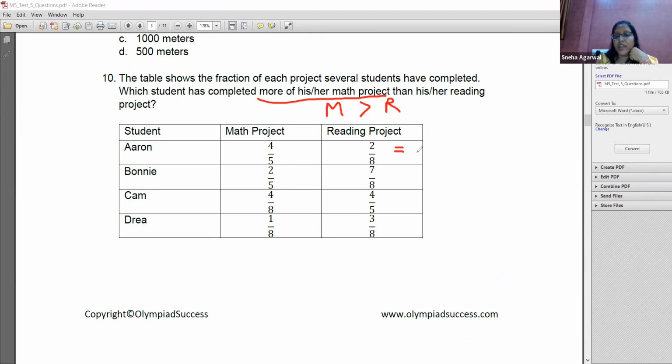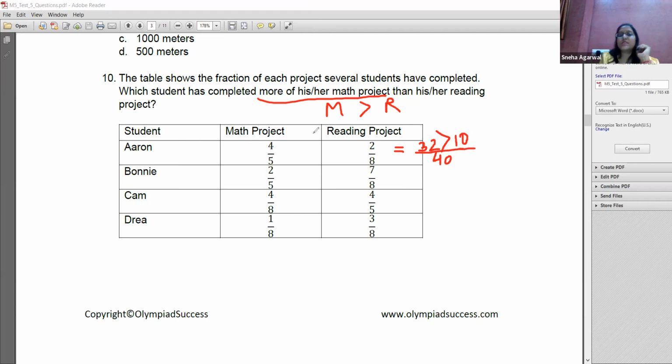So 5 and 8, here you will be getting the LCM as 40. So 5 8s are 40, 8 4s are 32, and 8 5s are 40, and 5 2s are 10. So you are getting 32 and 10 over here. So here definitely she has completed more of a maths project as compared to her reading project.